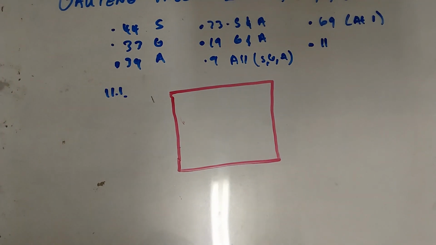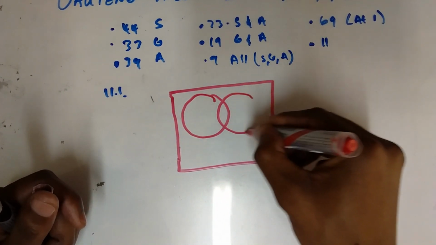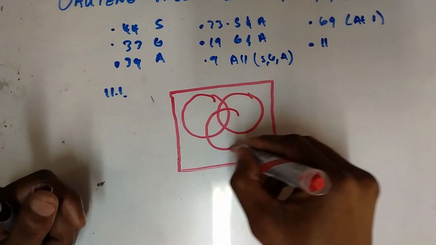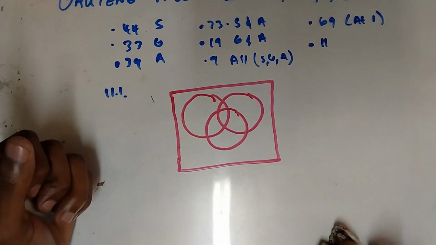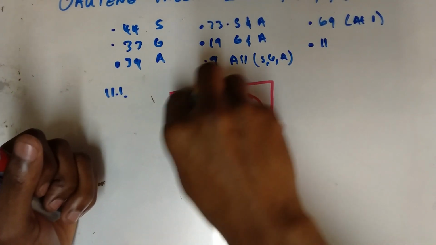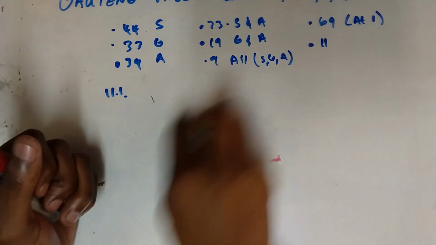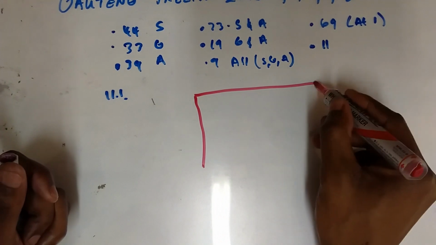Let me make it bigger, and this one is smaller, so let me do it again for the last time. This is a sample space.